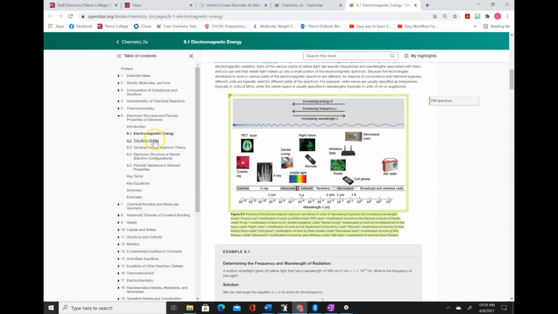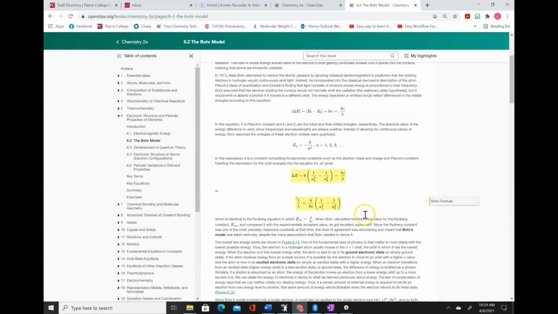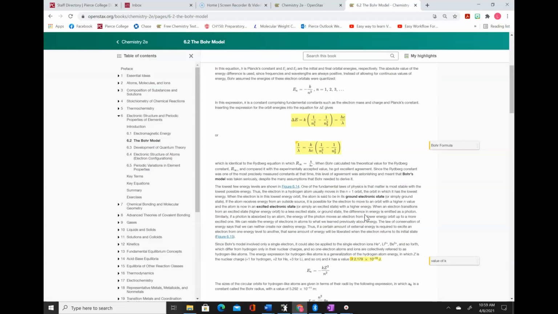Now, if we go into the book, because I love highlighting things, right? Here's the Bohr formula here, and you can calculate the wavelength in one step here. Now, an alternative way of doing it is to use this formulation of the Bohr equation. Can you see that? 1 on the wavelength is equal to K on HC, 1 on N1 squared minus 1 on N2 squared, and N1 and N2 are just the two states that you're moving between.